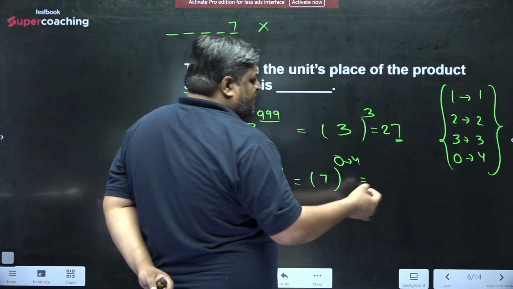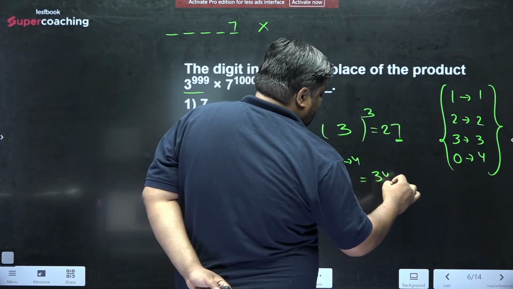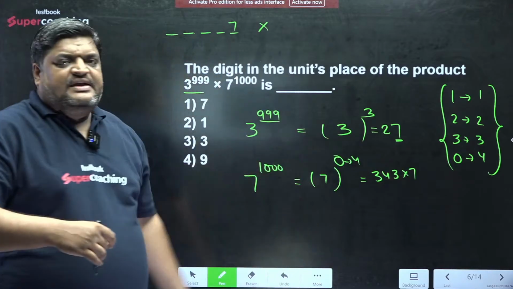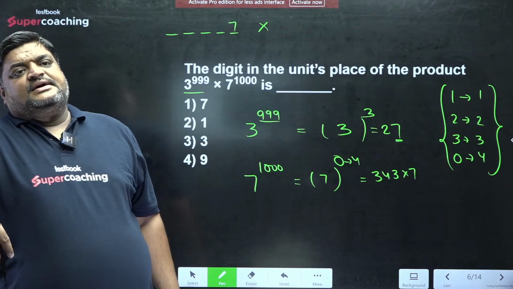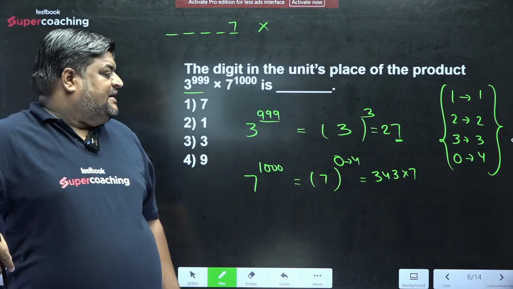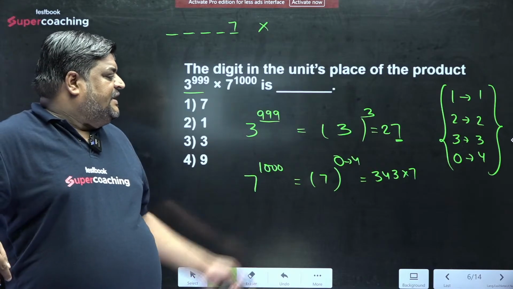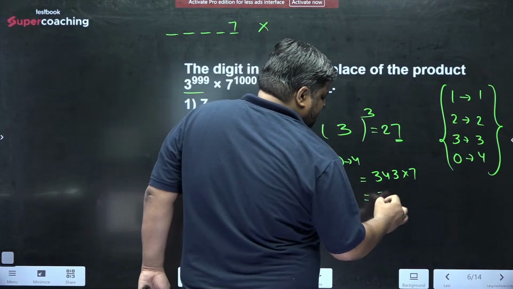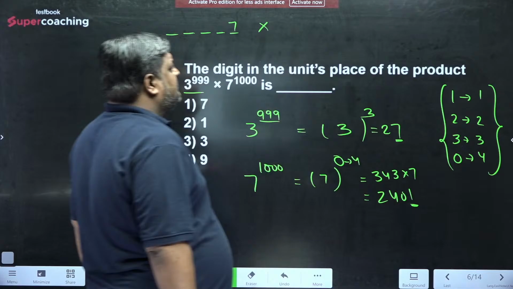7 raised to the 4 is how much? 7 squared is 49, 343 into 7, ये कितना होगा? 2100 plus 280 is 2380, okay, and then 21 add करो, 2401. तो unit digit पे क्या आ गया? 1.